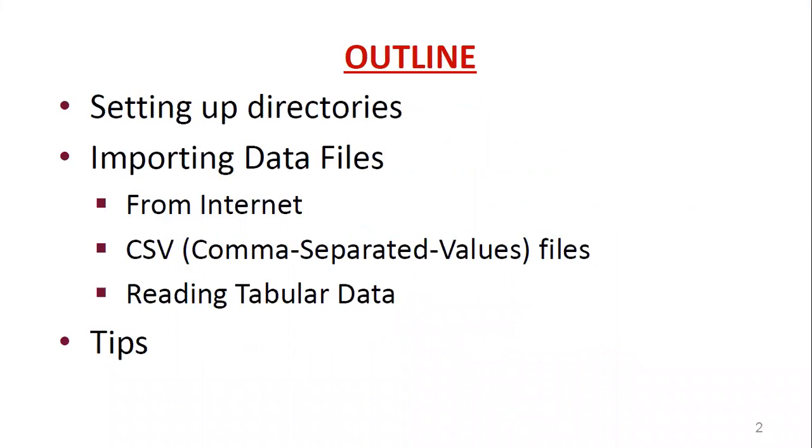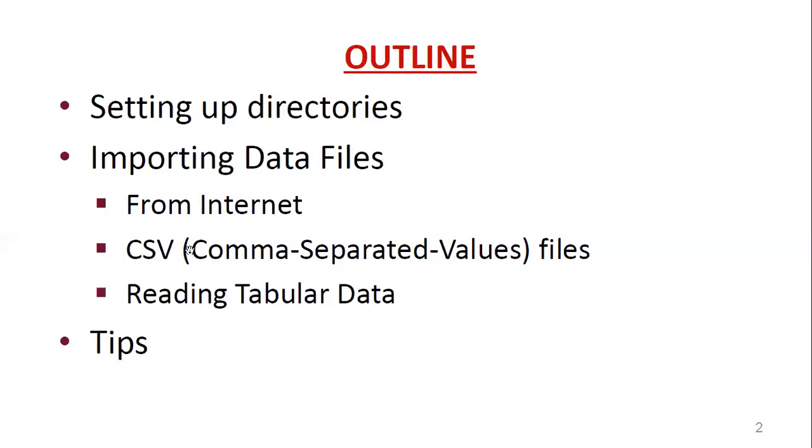First, how to set up directories. That means which directory you are working in, where your files are stored. Then importing data files. We will discuss different ways of importing data. One is directly from the internet.